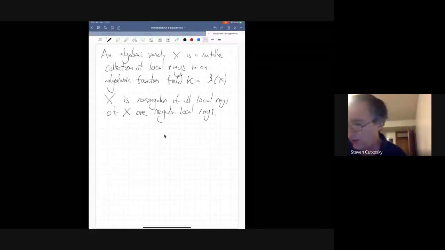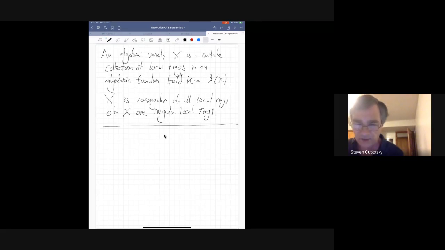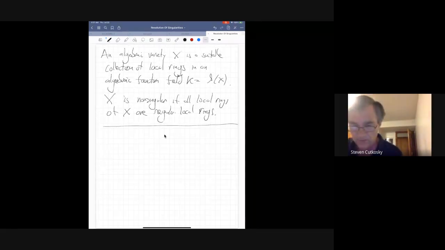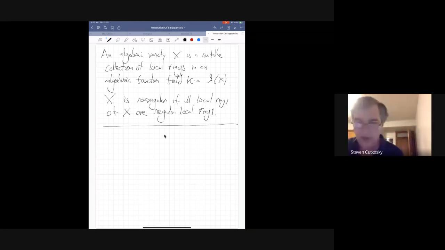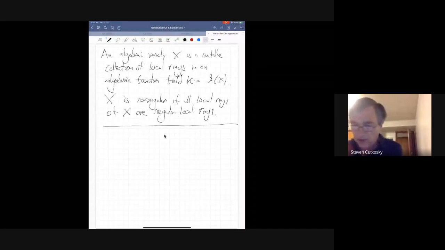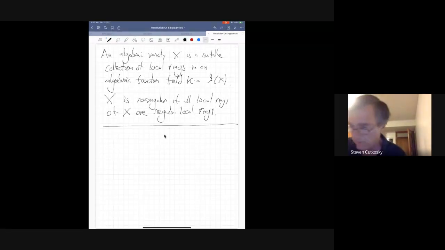Okay, so what Zariski did, well, in fact, to some extent this was anticipated before, but I think really creating the idea of using general valuation theory as a method of approaching algebraic geometry is due to Zariski.